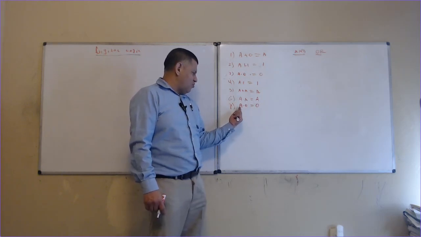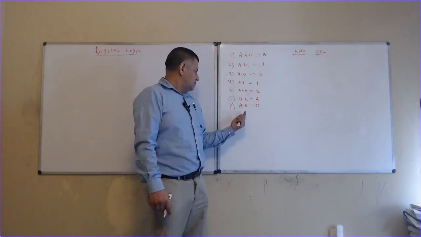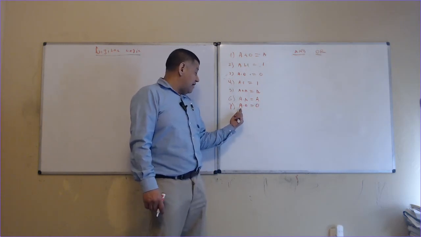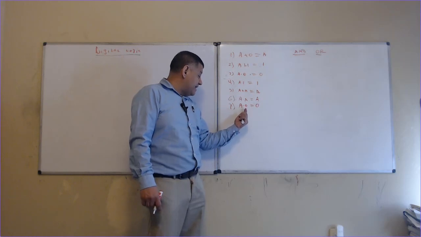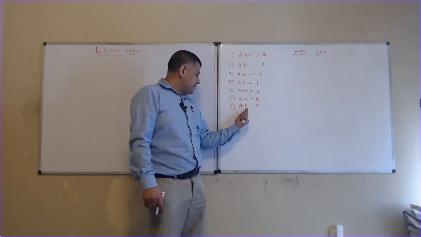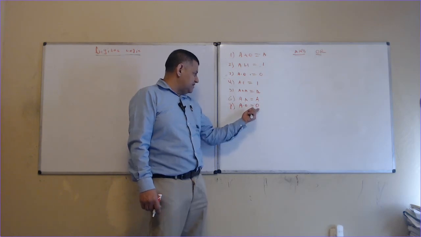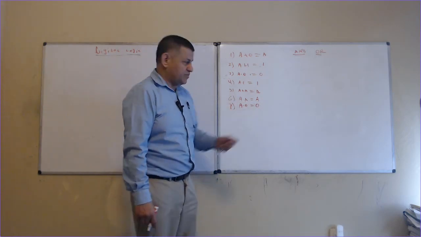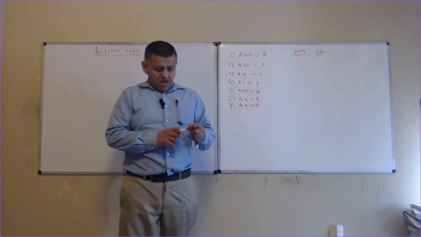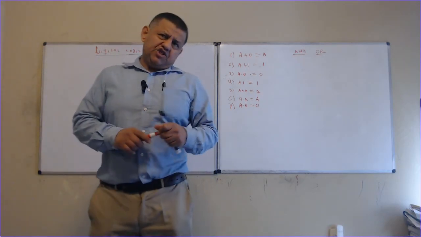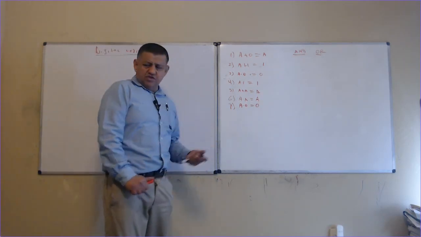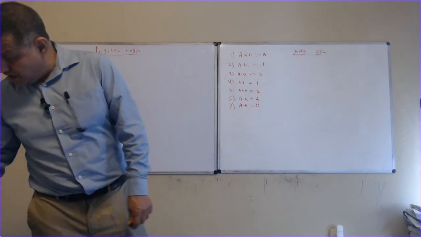But if you say one is a female and one is a male, then that's going to be equal to 0. That's what it is. But anyway, this is how computer numbers work.